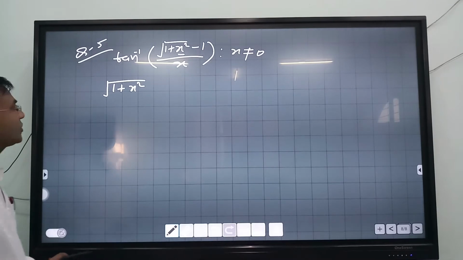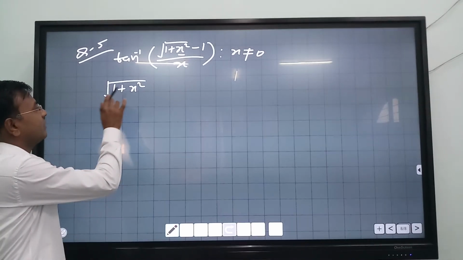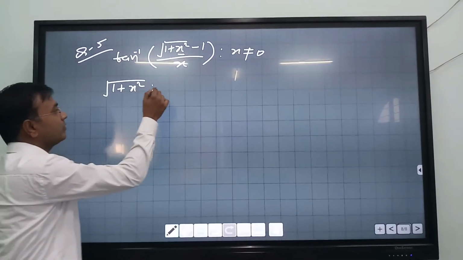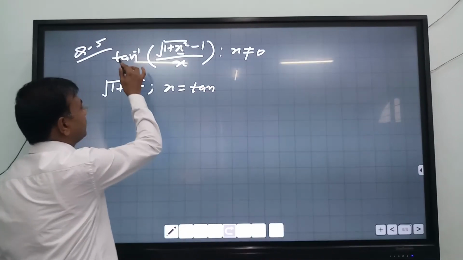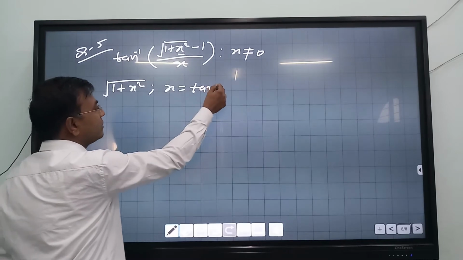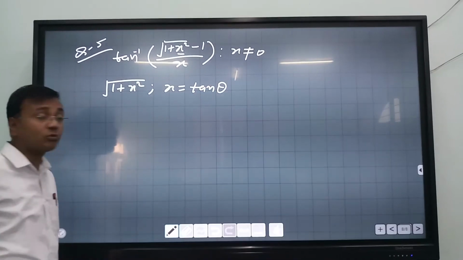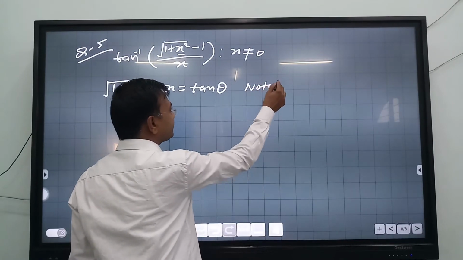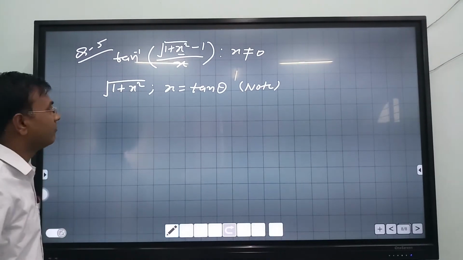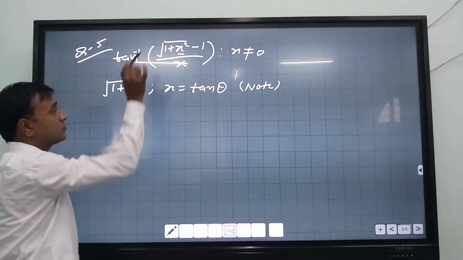Now the question arises: whenever there is 1 plus x square, we put x equals tan theta, because we want the result in terms of tan. Further, we cannot put sin or cos here. Why?